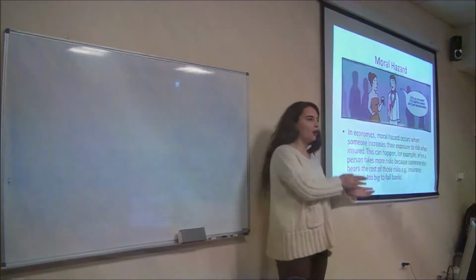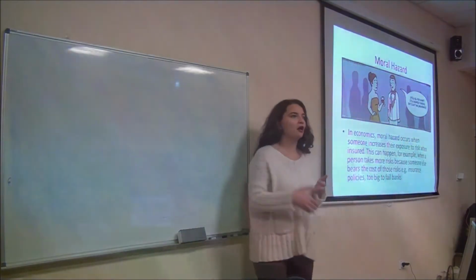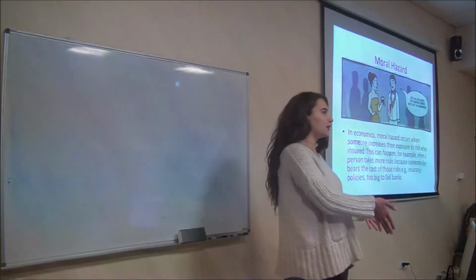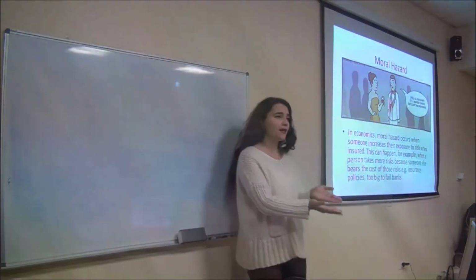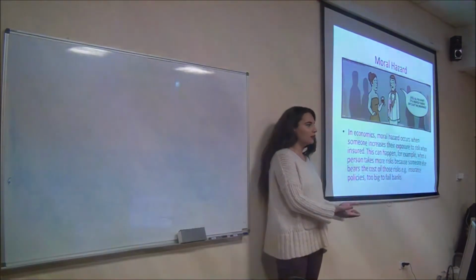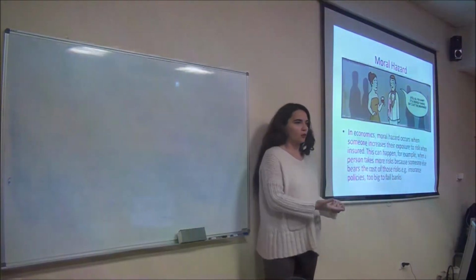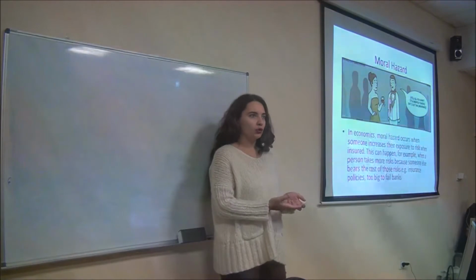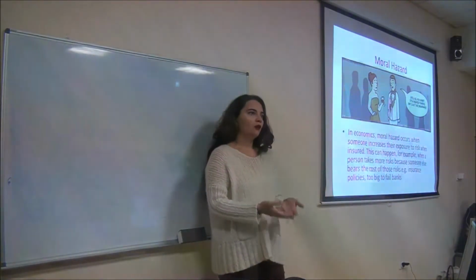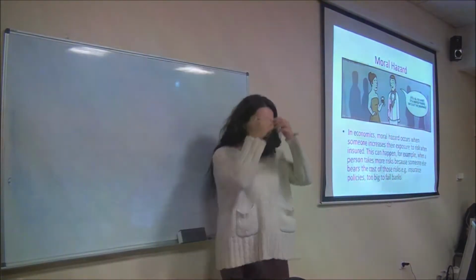So you could always come back to that idea and defend it. Just because one side says there is moral hazard because there's safety doesn't automatically win the argument, because they also have to show you there are not enough incentives for people to protect themselves. Okay?